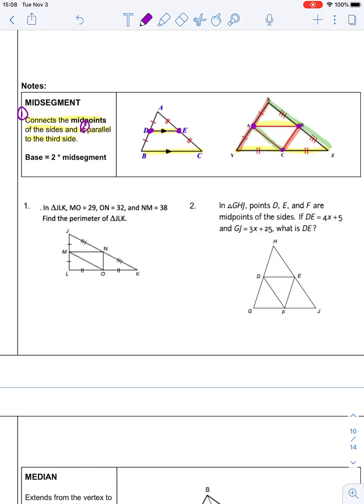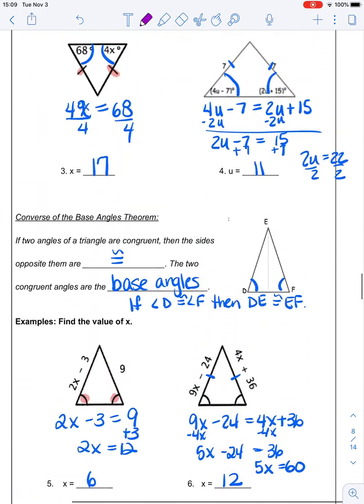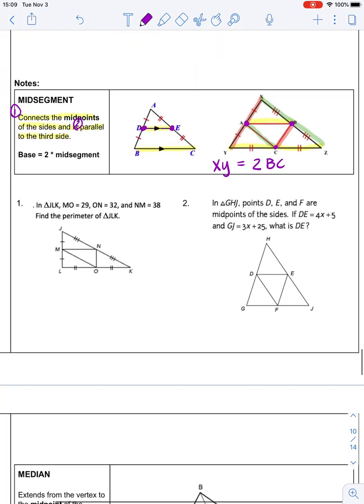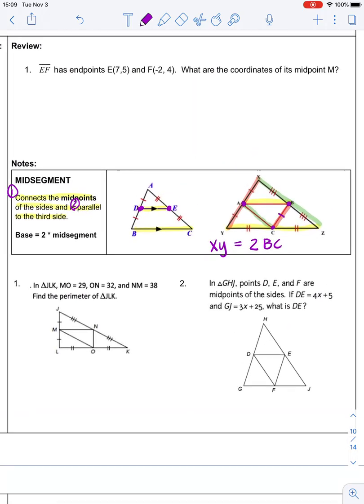Now, notice that if you take the base, which is the longer side, the length of XY is 2 BCs. It takes two of those red mid-segments to make one of those long red segments, because these are congruent.